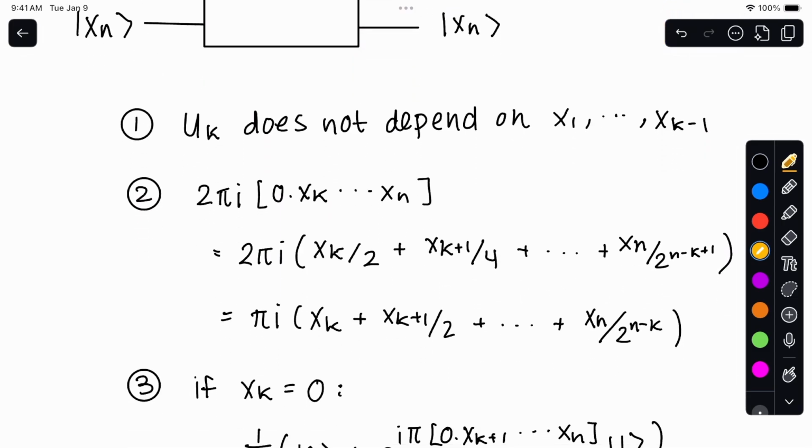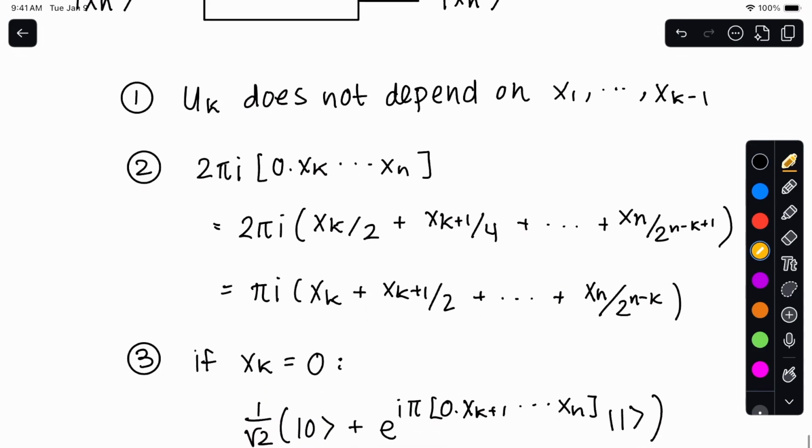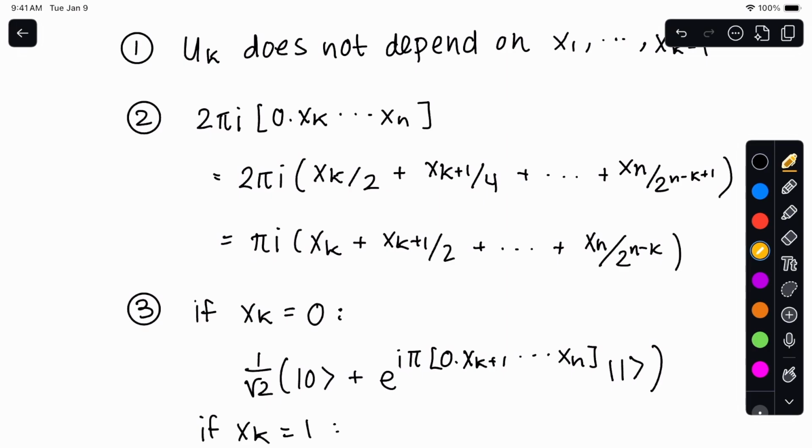In the exponent we have 2 pi i times this decimal, and we can expand this out in terms of fractions, 1/2, 1/4, and so on. Then we would end up getting pi i times xk, plus xk plus 1 over 2, and so forth, all the way to xn over 2 to the n minus k.